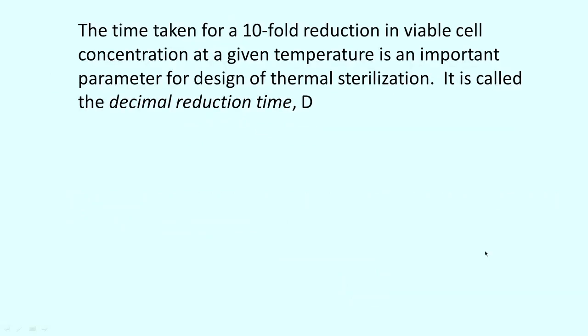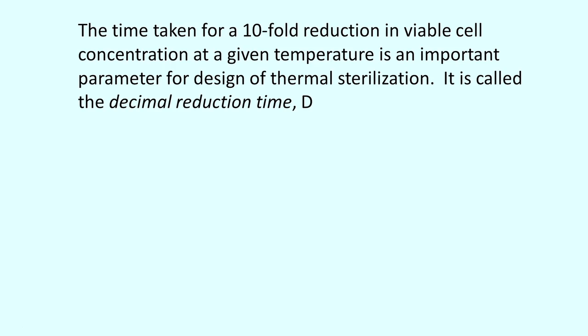Consider the time taken for a 10-fold reduction in the viable cell concentration, when it was initially a certain value and has gone down to 1/10 of what it was initially. That 10-fold reduction in viable cell concentration at any given temperature is an important parameter for the design of thermal sterilization.